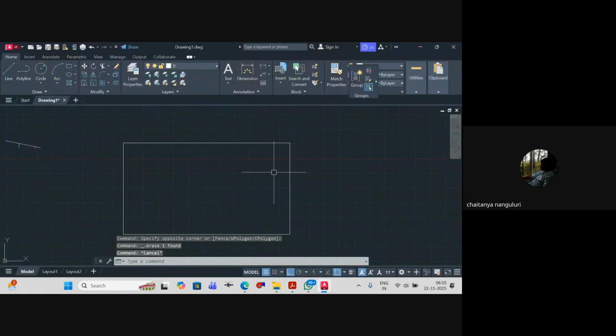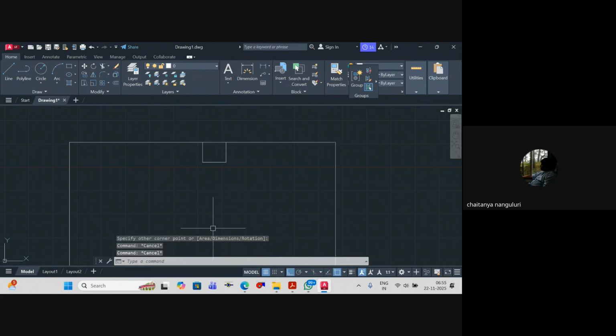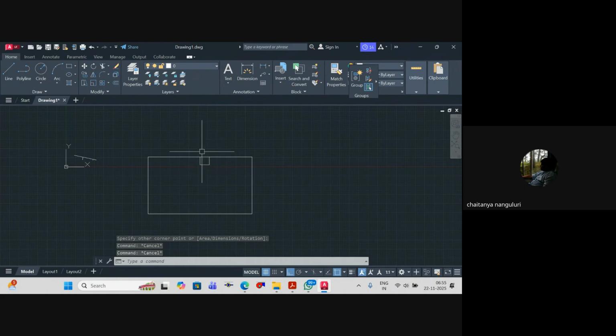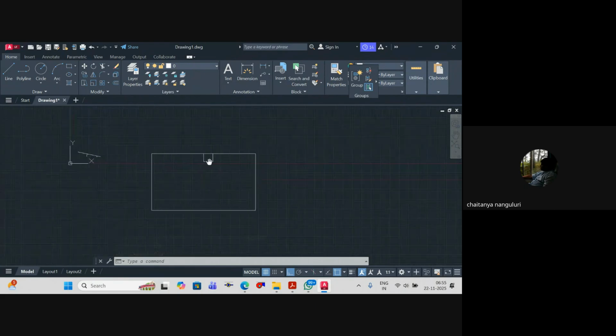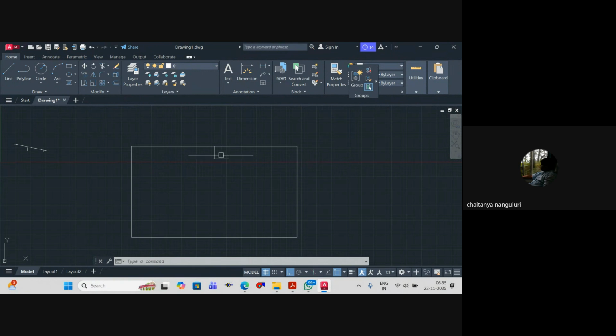If your beam height is greater than 10% of 4 meters, how much will that be? 4 meters means obviously it will be 400 mm.